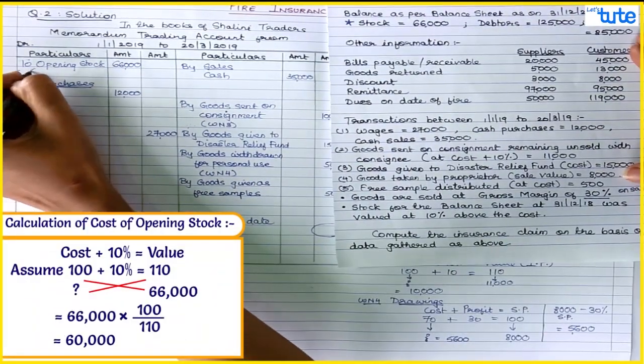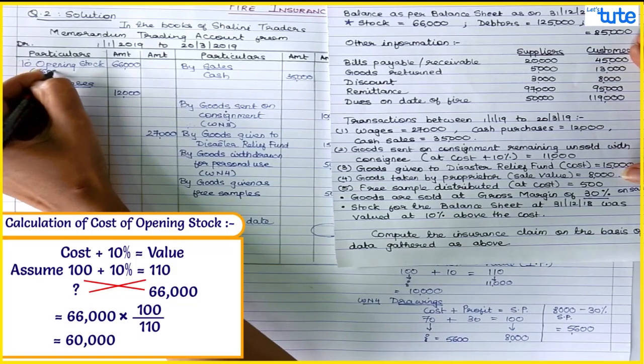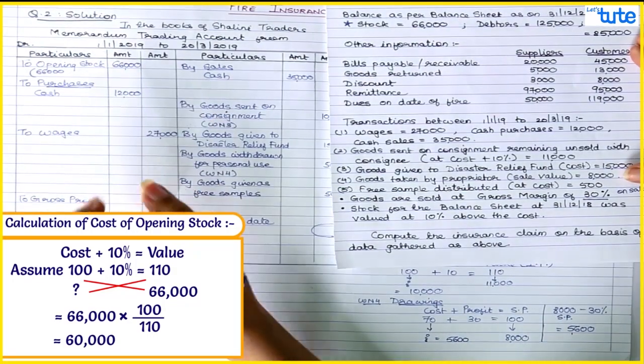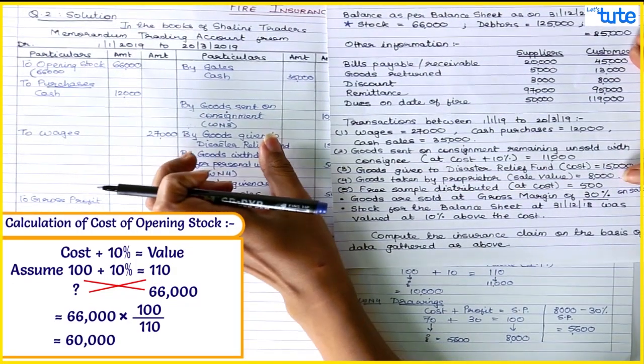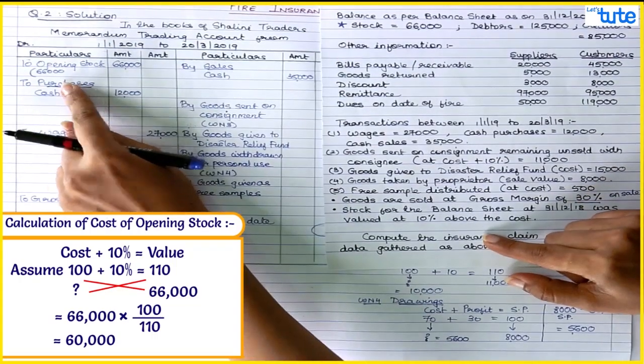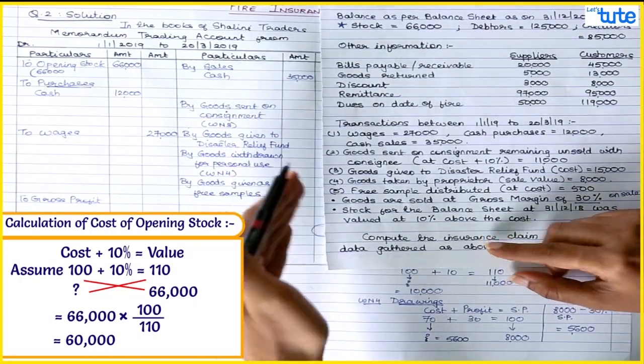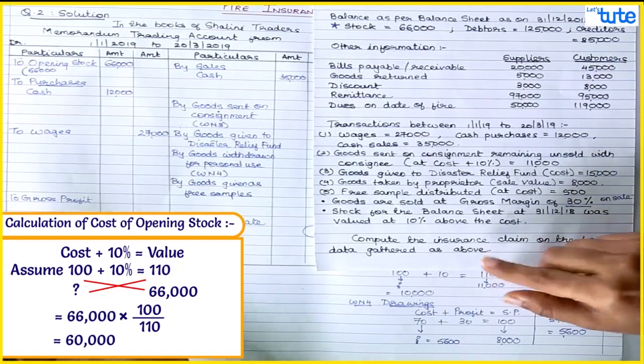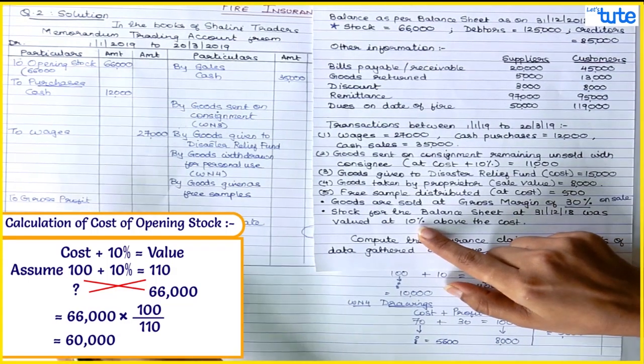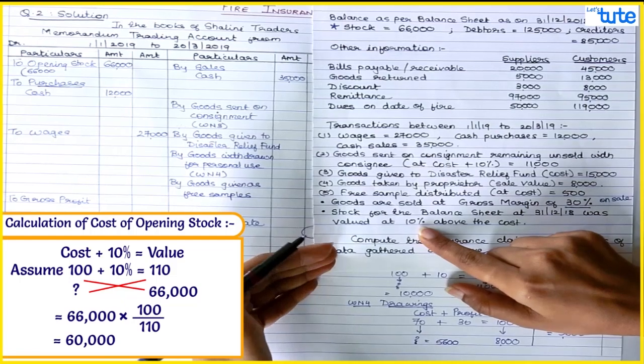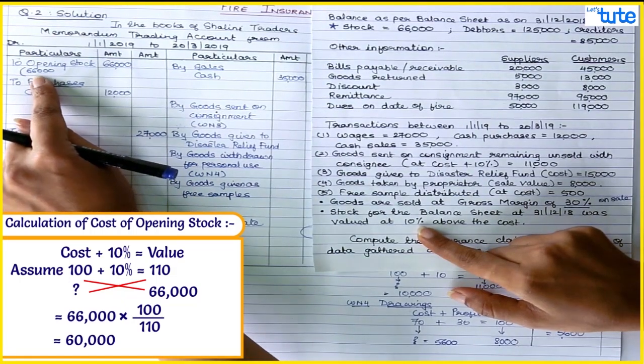So what we'll do, 66,000. Now do not do like 66,000 minus 10% because this 66,000 is after adding 10%. So if your cost is 100, then 10% is added and we find out the value is 110. So 66,000 is 110.